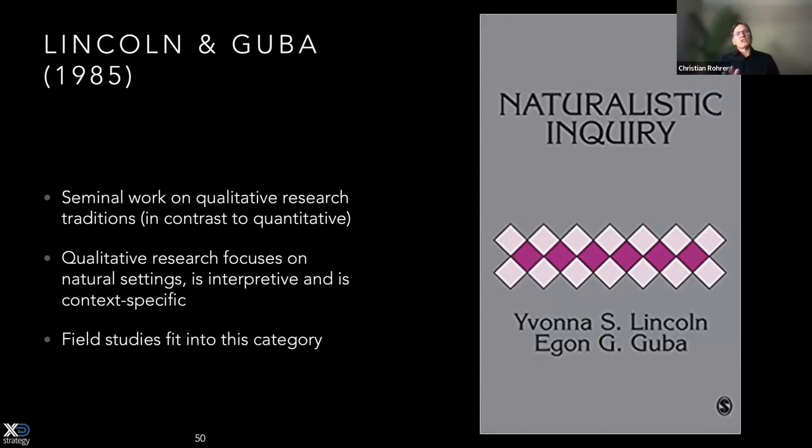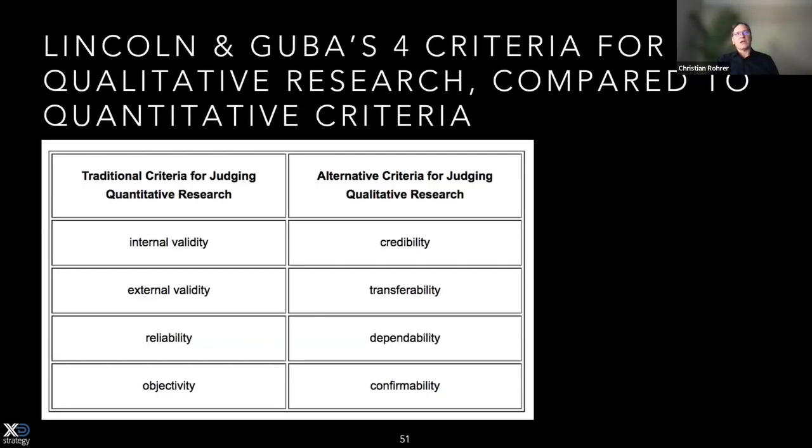They describe how validity is derived in this setting because it's different than quantitative. They have a nice table that shows what most science looks for in terms of validity, reliability, or objectivity, and there are analogs in qualitative research with similar but different terms: credibility, transferability, dependability, and confirmability.